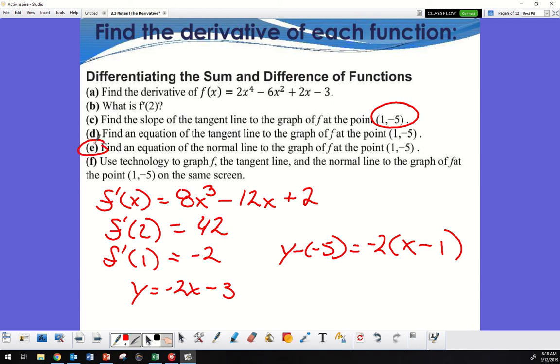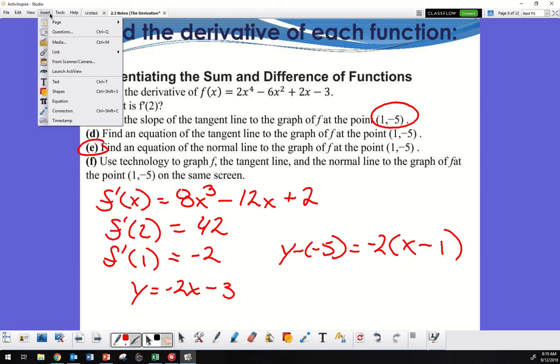There we go. What do we know about the normal? Very good. It's the opposite reciprocal of the slope of the tangent line. I know it is perpendicular to the tangent line. So opposite reciprocal of that, I know my slope is -2, right?